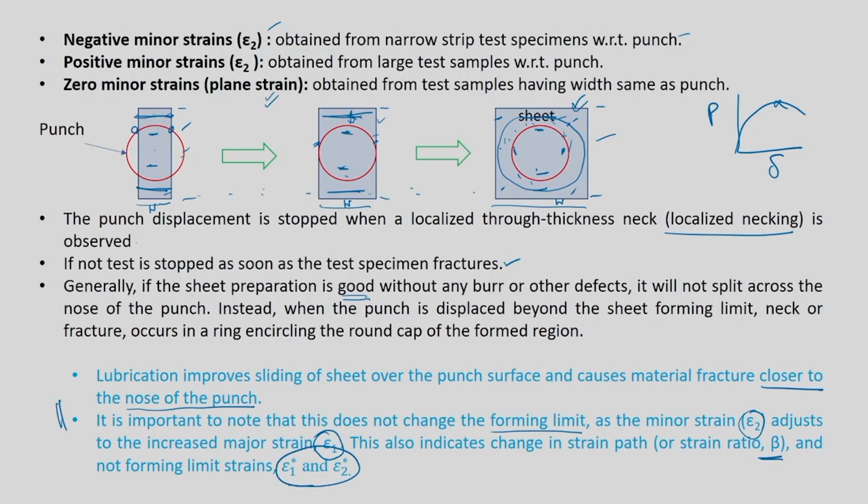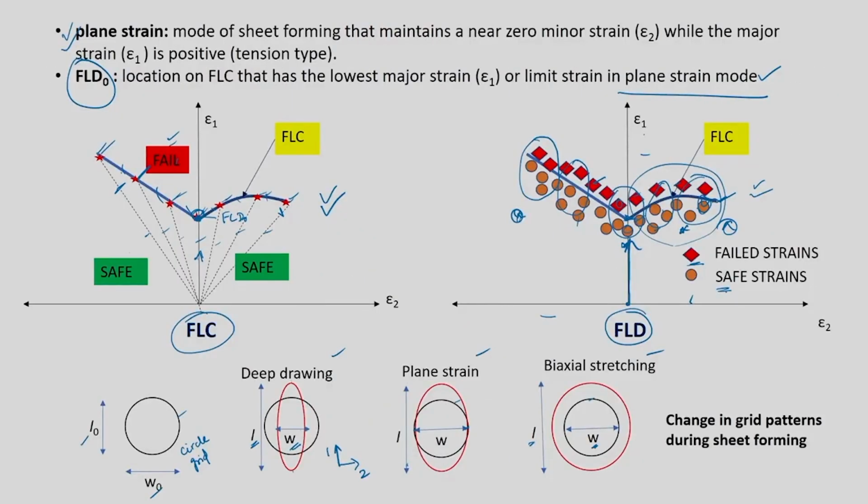Rather, it will change the route of getting to the forming limit curve. So if you don't put lubricant, you will probably reach the forming limit curve somewhere here. If you put lubricant, it will reach the forming limit curve in some other location, maybe somewhere here, but the forming limit curve will remain the same.